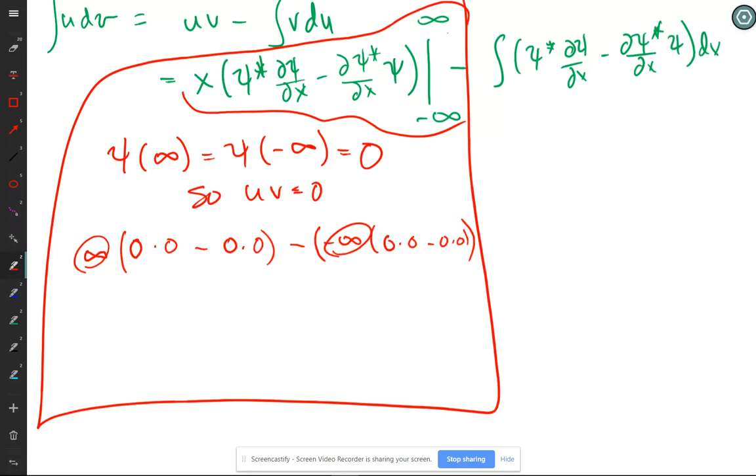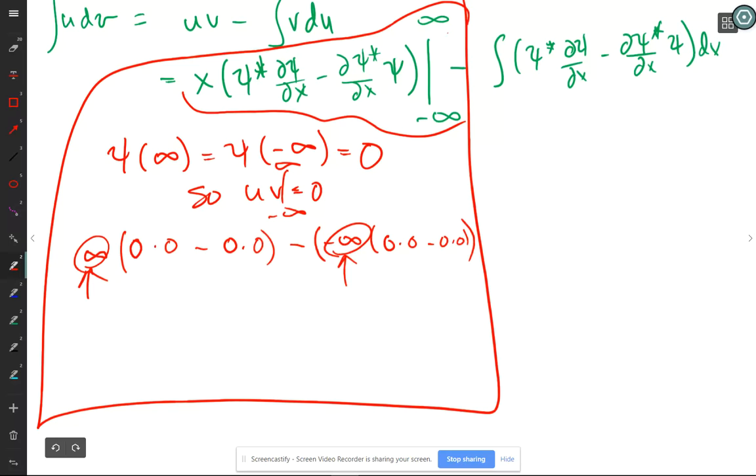And so even though we have these x's here that are troubling and we'd have to use L'Hopital's rule to actually evaluate it, we use L'Hopital's rule and it's going to come out 0. Well, it's not that uv equals 0, it's the uv evaluated from minus infinity to plus infinity that is 0.